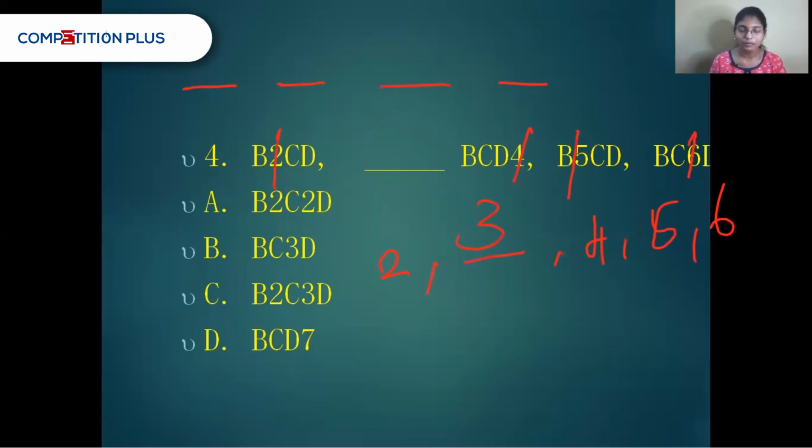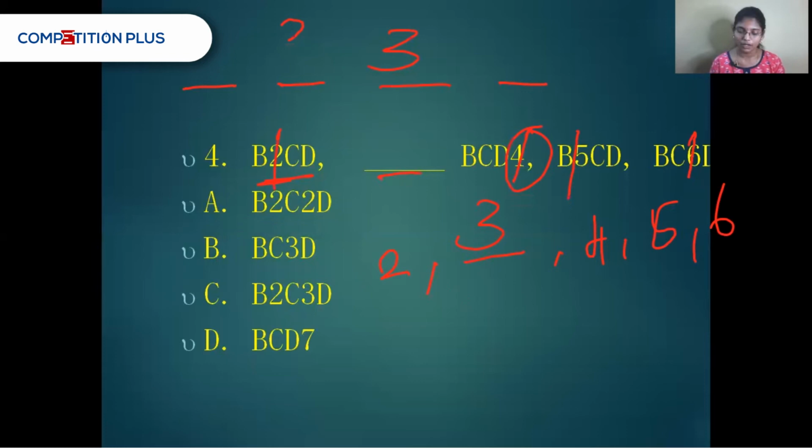In the first term, 2 comes in the second position, which means in the second term the number 3 comes in the third position, because the third term has the number 4 in the last position. So the number moves to the next position in each term.